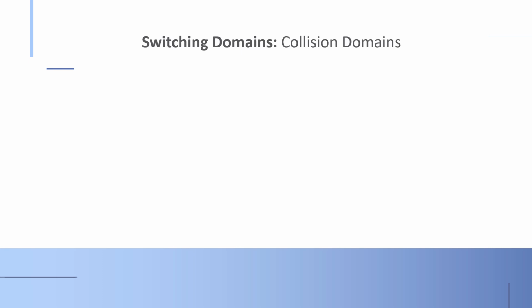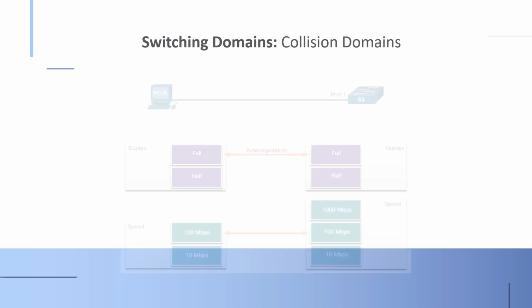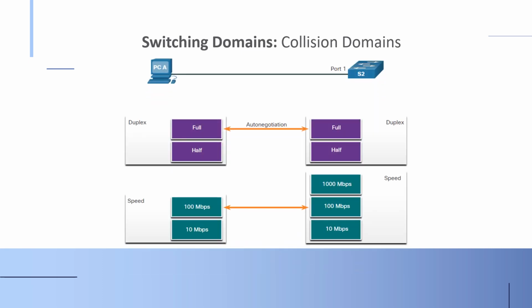And in this case, the switch port will be part of a collision domain. Here is a figure that shows full duplex is chosen if both devices have the capability, along with their highest common bandwidth.